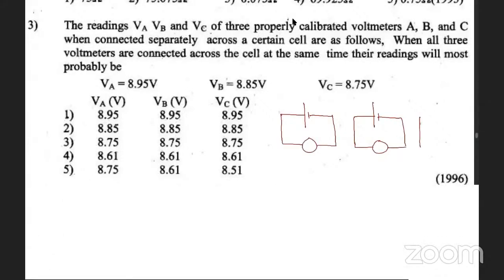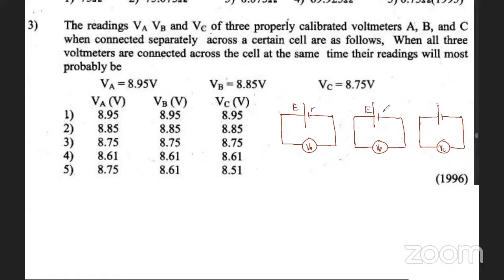And then tell me, why is it showing different readings for different voltmeters? Now this is voltmeter A, voltmeter B, voltmeter C. It's the same battery, E, R, E, R, E, R, right?